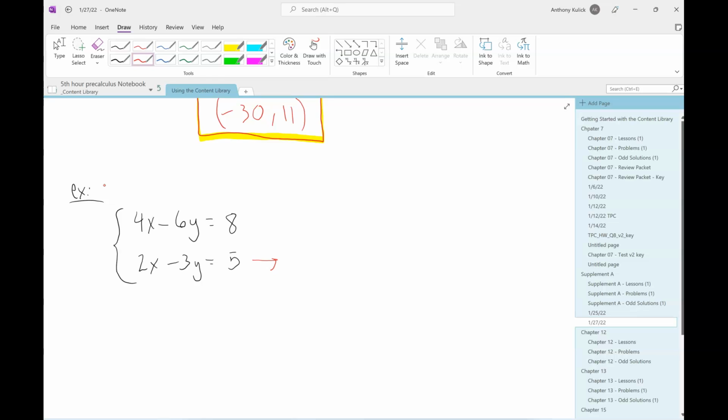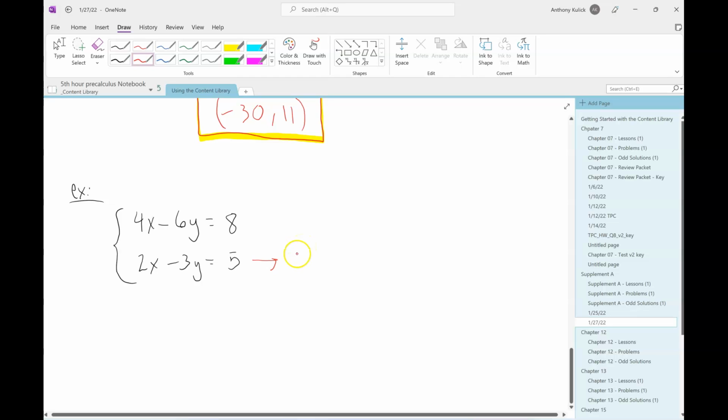You might have to deal with some fractions for a little while. It's not the end of the world. But that would be what I'm seeing to motivate the choice that I'm making, and just be like, oh, I can save myself a little bit of hassle if I choose to do that.